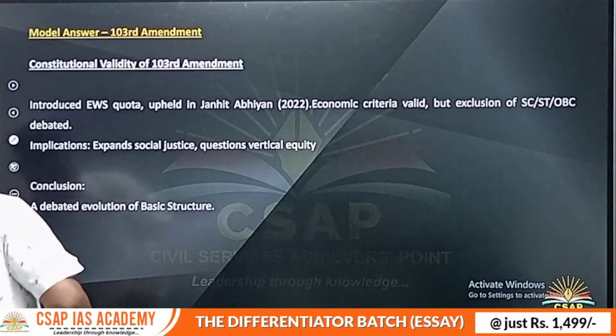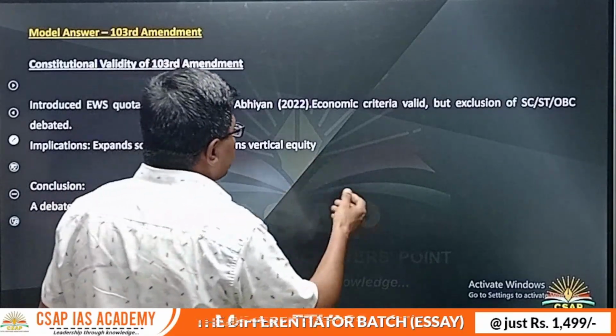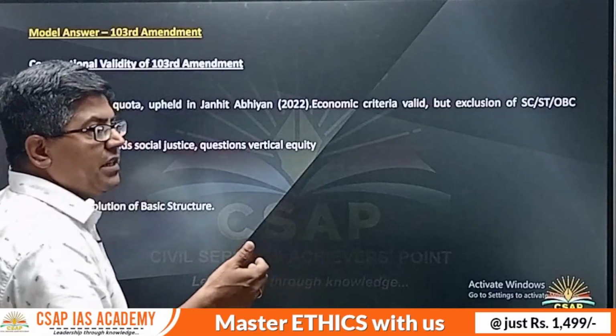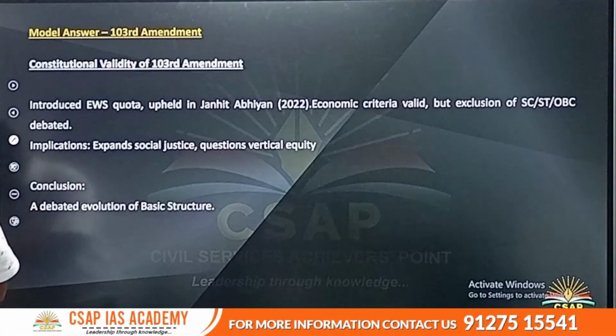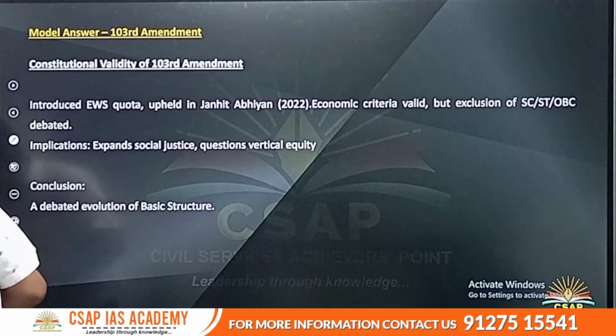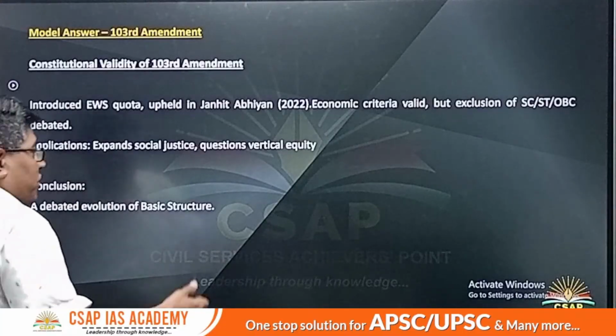it may say that the push for one nation, one election may require substantial constitutional amendments, right? They may give you such a statement, and they may add: evaluate the implications of such reforms on federalism and the basic structure of the Indian Constitution, right?